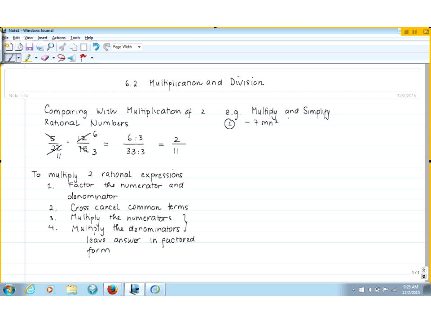Negative 7mn squared divided by 8m squared n, multiplied by negative 16mv squared divided by 49m squared.